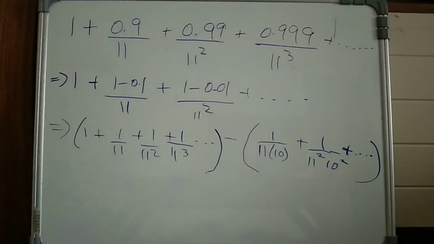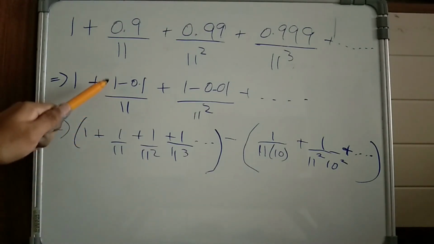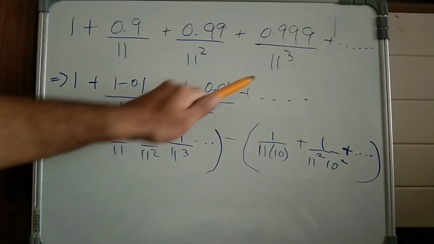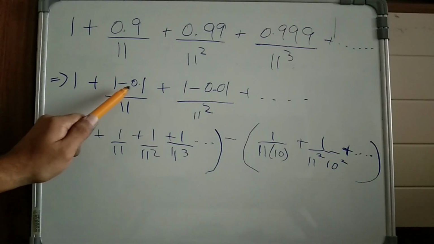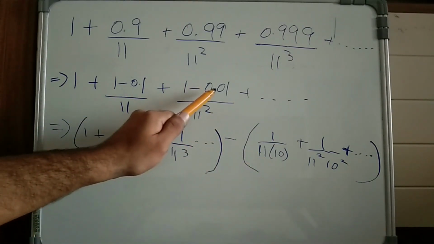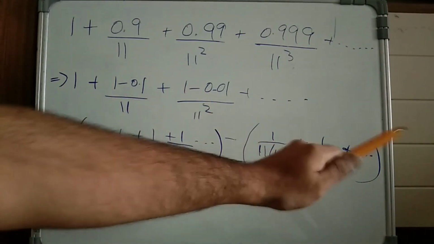Okay, so I have just split the term from here, 1 by 11, 1 by 11 square, 1 by 11 cube over here, and 0.1 by 11, 0.01 by 11 square over here, and so on.